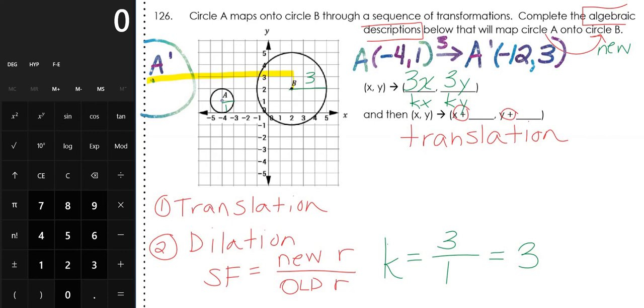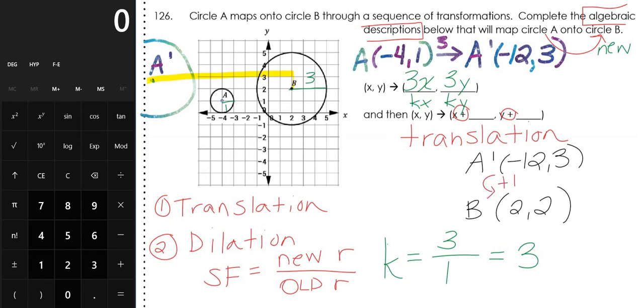Now let's take a look at the coordinates so I can figure out what these movements need to be. A prime is at -12, 3 because it moved after the dilation. And then B is at 2, 2. So let's think. How are we going to get from -12 to 2? We're definitely going to add.